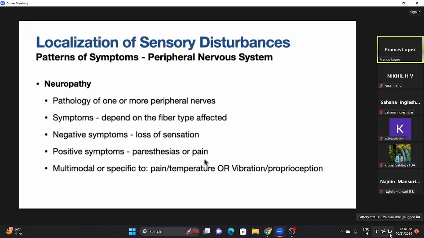Di ba? Remember, pain and temperature is for the spinothalamic tract, vibration and proprioception is for the dorsal column. So we have to be very specific. I will emphasize to you, you have to be very specific about the sensory modality that you are testing. This may be pain and temperature or vibration and proprioception.